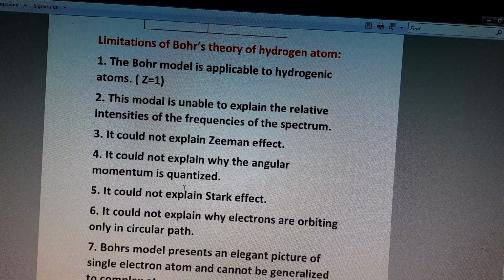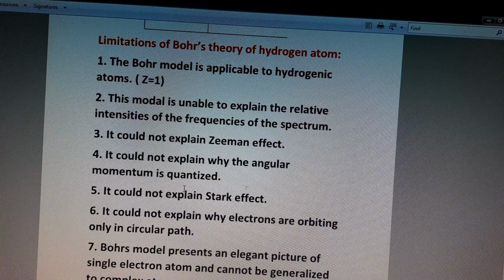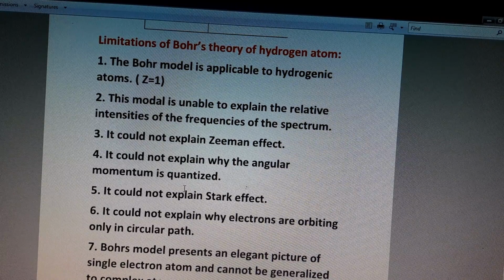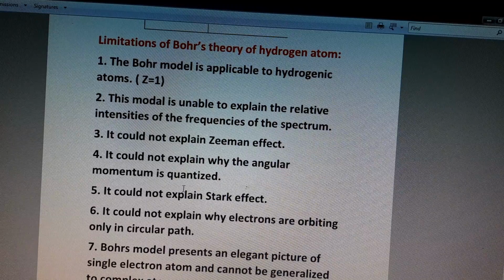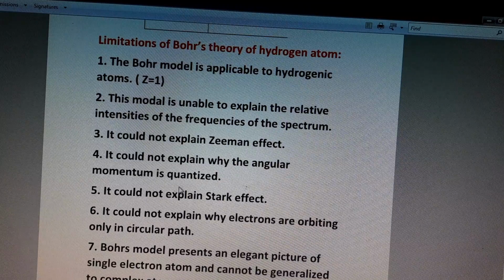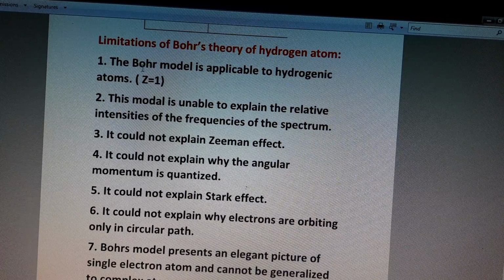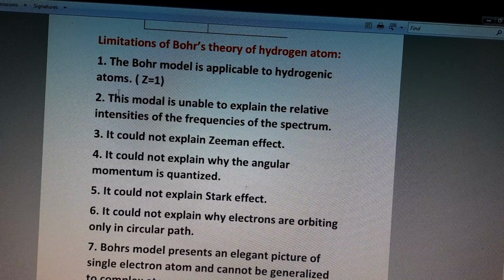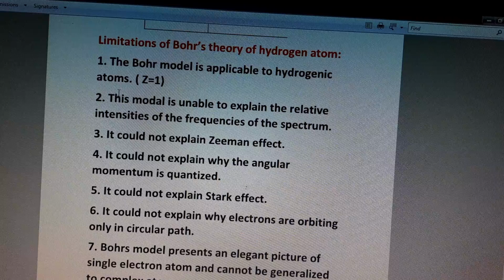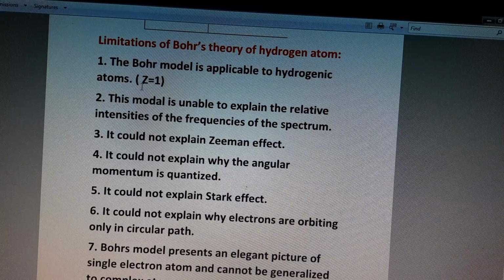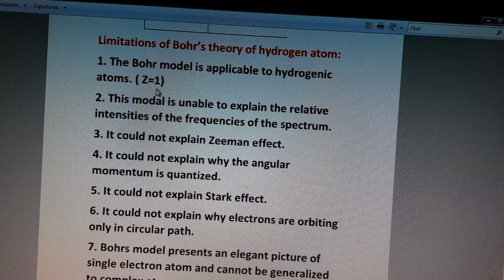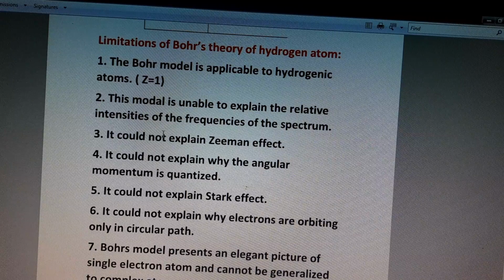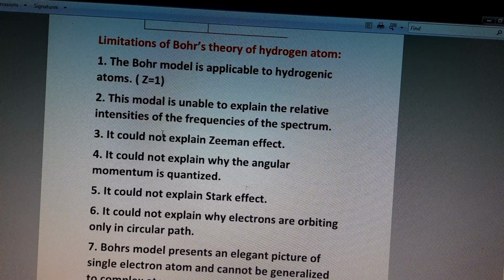So the next one is the limitations of Bohr's theory of the hydrogen atom. What are the limitations, the drawbacks, of Bohr's theory? The first one is that Bohr's model is applicable only to hydrogen-like atoms, that is, the hydrogen atom, where the atomic number Z is equal to 1. This model is unable to explain the relative intensity of the frequencies of the spectrum.